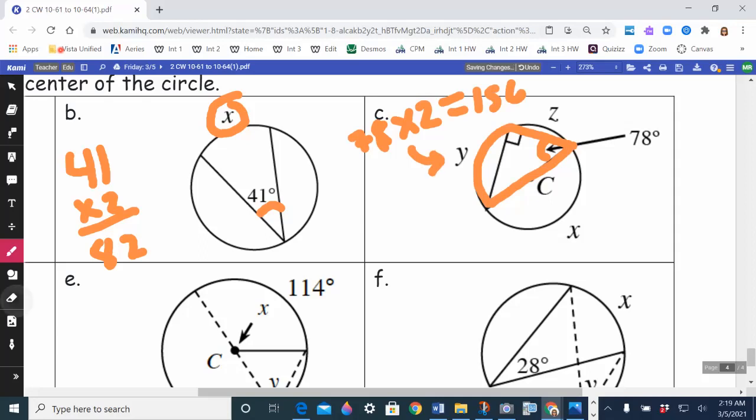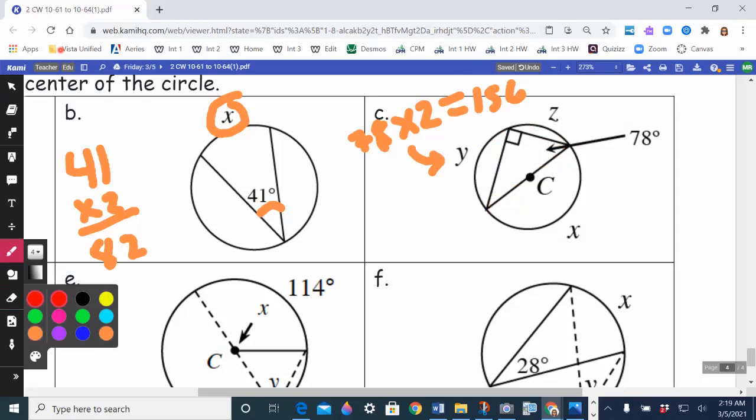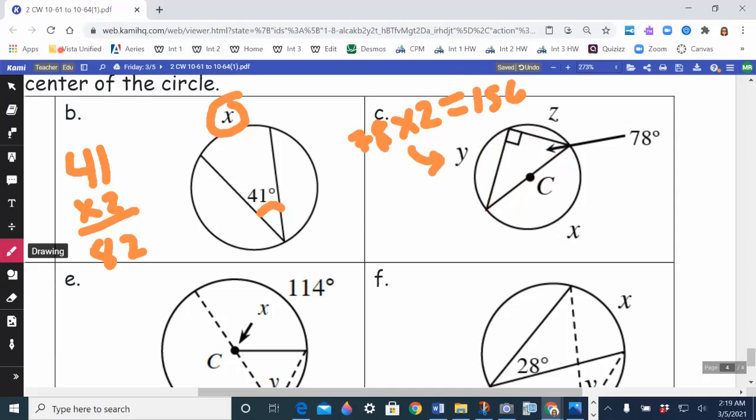Now let me clean this up here. So let's see the rest of the problem. I need to figure out Z. Well, if I know that this right here is 78, this is half of a circle. So this is going to be 180. There's a couple ways to think about this.